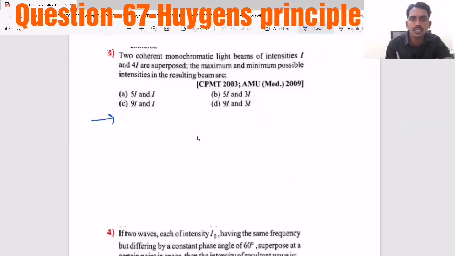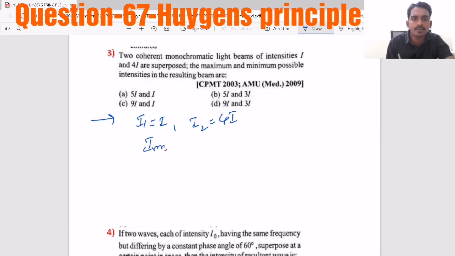Next. These are the type of questions they usually ask in entrance exams. Two coherent monochromatic light beams of intensities I and 4I are superposed. The maximum and minimum possible intensities in the resulting beam are? So I1 is I and I2 is 4I.